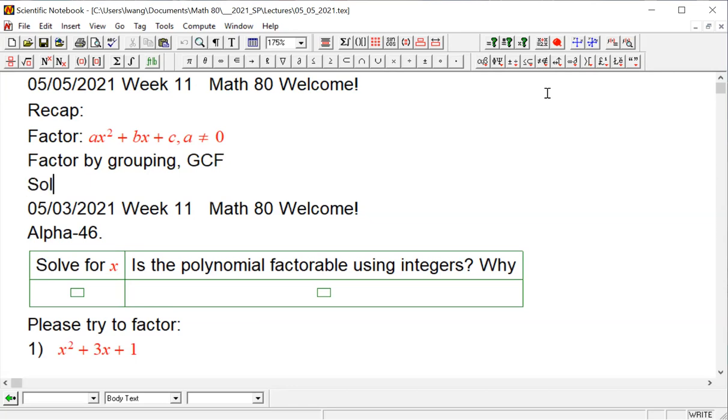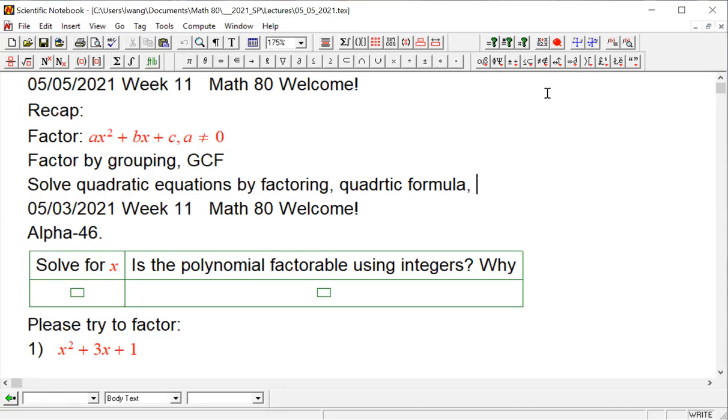And we have solved equations, in particular quadratic equations, by factoring, by the quadratic formula, or by completing the square.